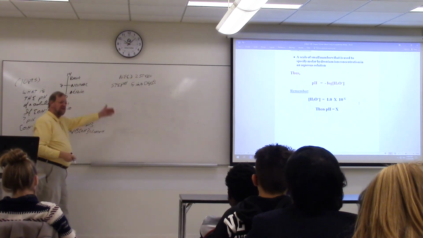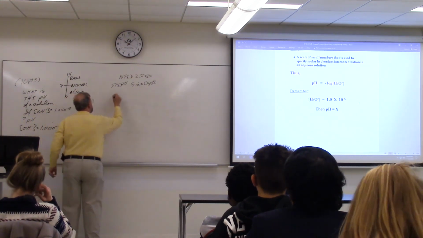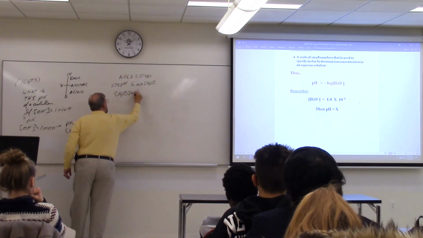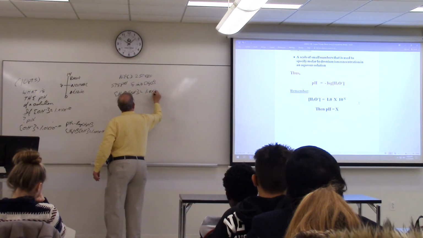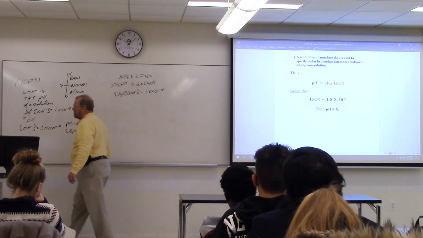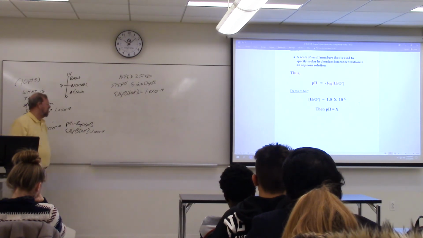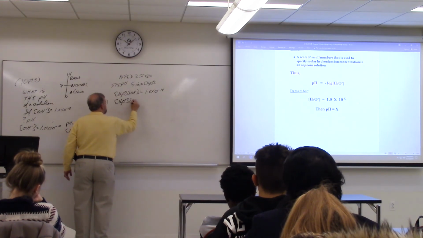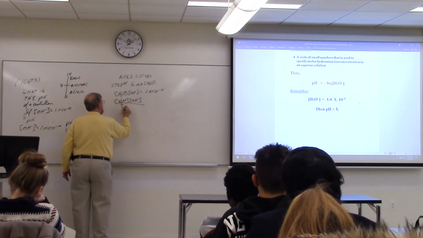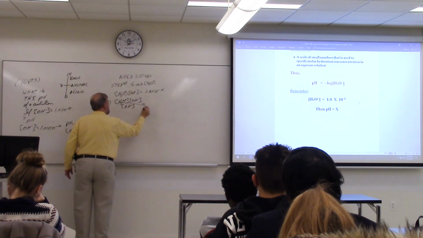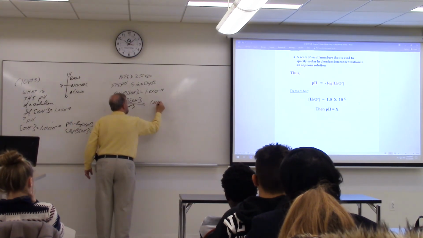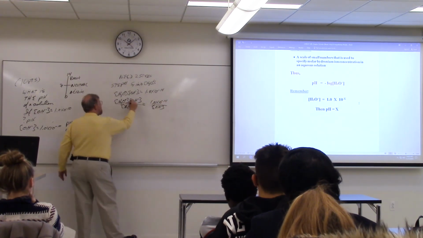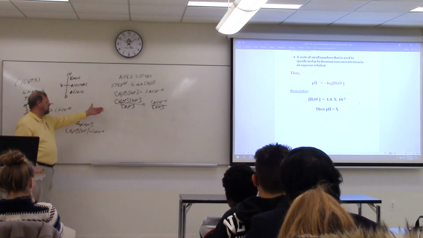You have to find the hydronium ion concentration, and you do that by using this. To get rid of the hydroxide, I'll divide both sides by that. This becomes 1. Anything divided by itself is 1.